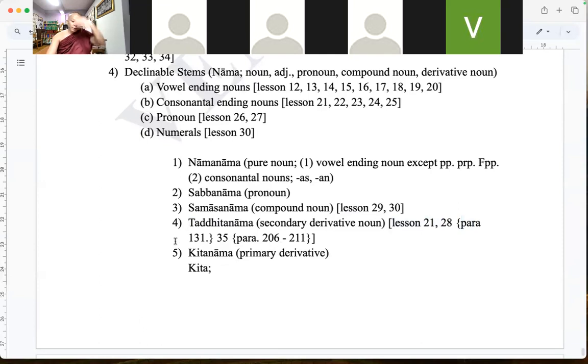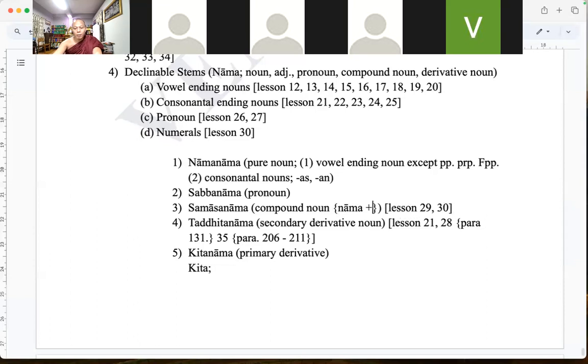Okay, and now the last part is Kita Nama. Here, compound noun means Nama plus Nama, and we have the new compound noun.